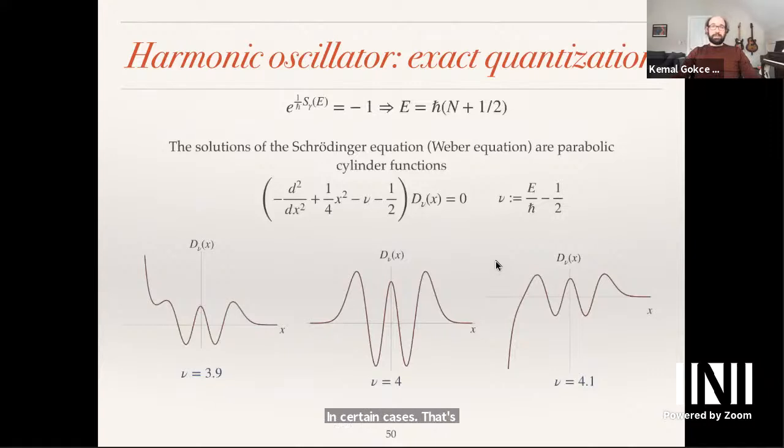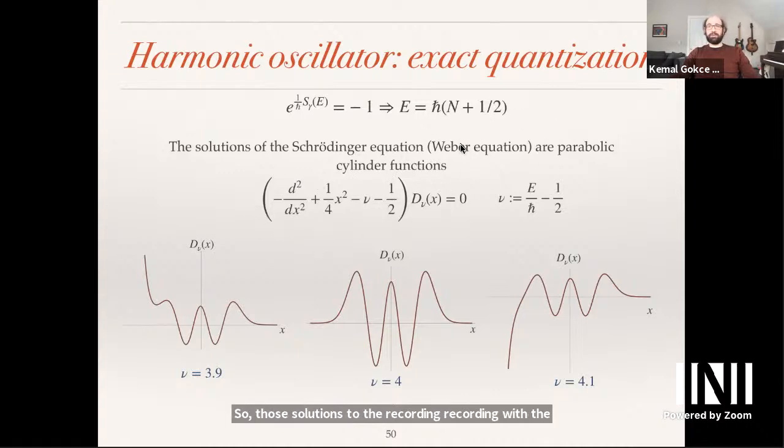So let me illustrate this graphically. The solutions to the Schrödinger equation for the harmonic oscillator, which is also known as the Weber equation, are known. They're called parabolic cylinder functions.